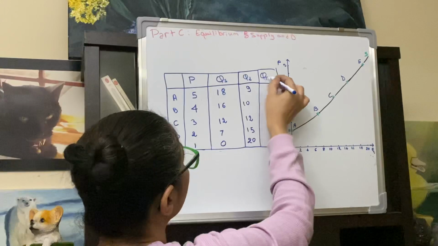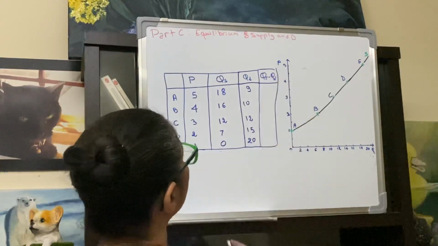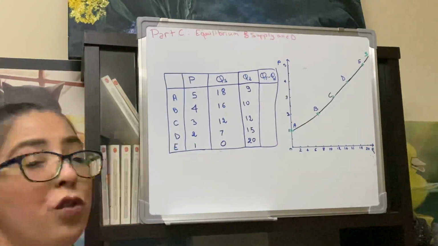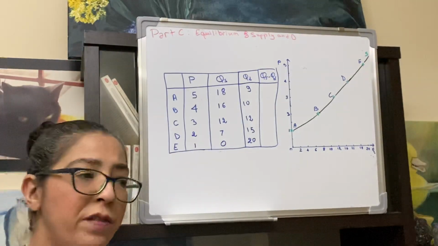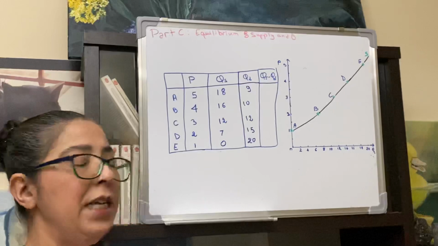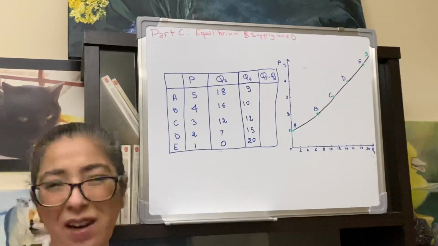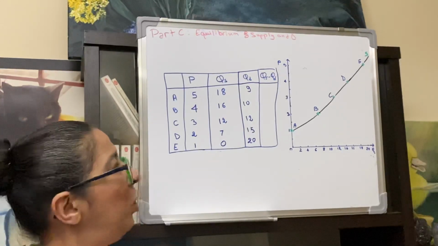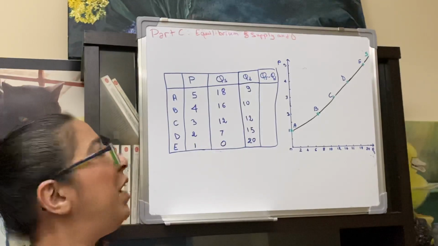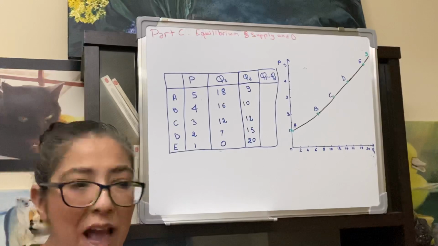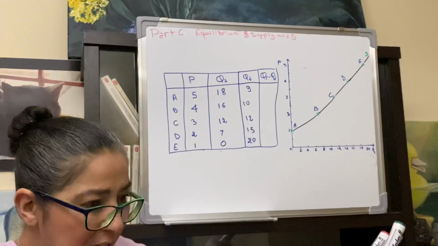So right here, when the price is 5, suppliers are ready to supply 18. But buyers are ready to buy only 9. So what are we having? Suppliers are going to have 18 minus 9.